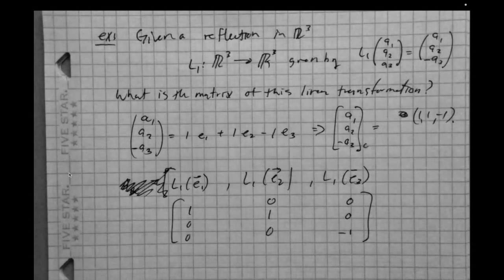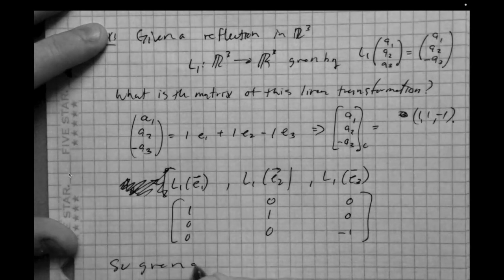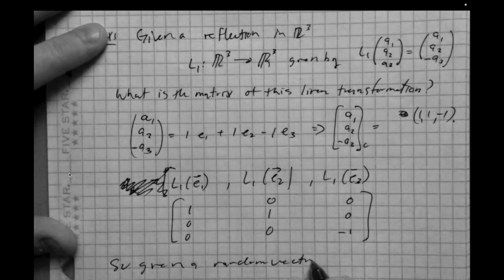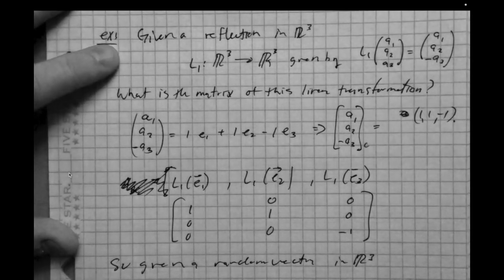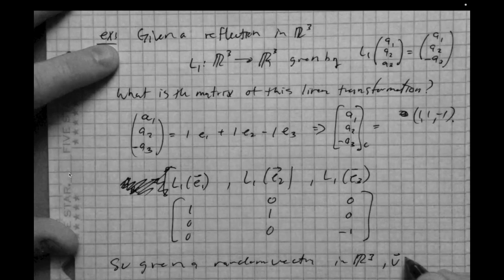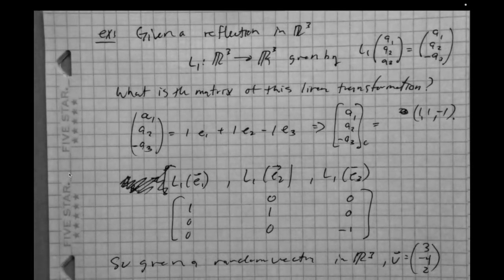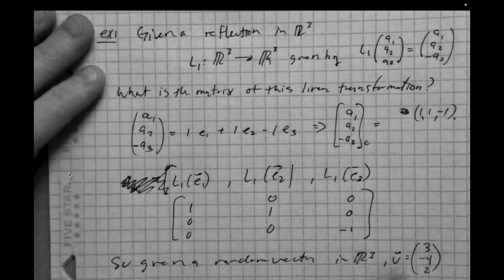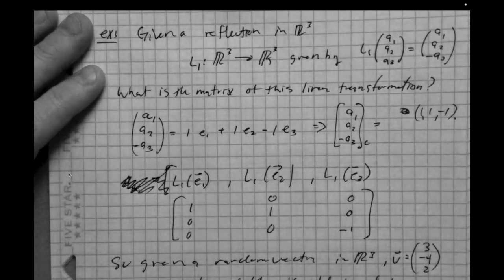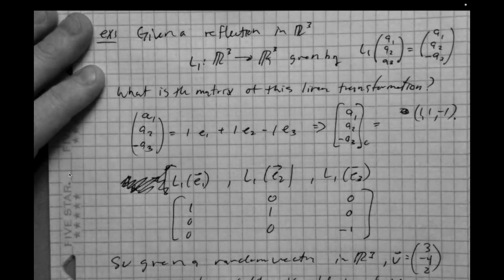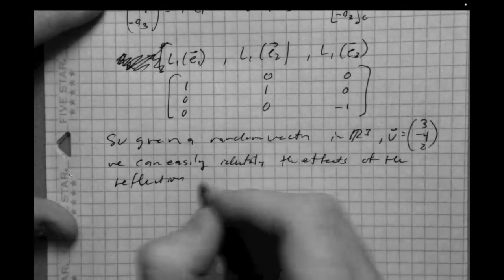Given a random vector in R3, we'll say V equals 3, negative 4, 2, we can easily identify the effect of the reflection using this matrix.